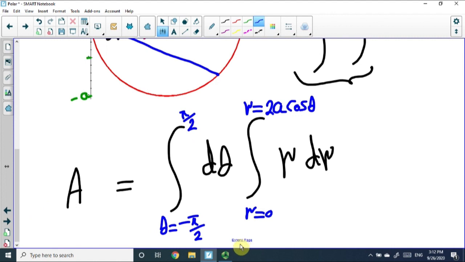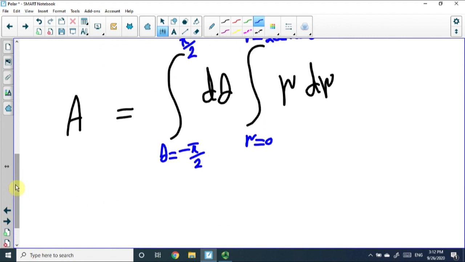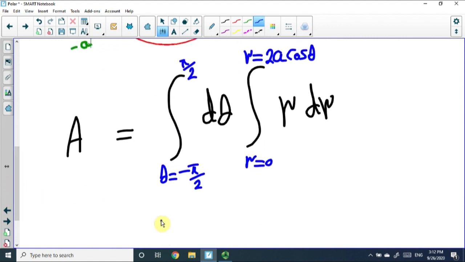These are the limits of the integration. Now we can do the calculations. The calculations are not difficult, they are easy. So let's do that. Of course, we're going to keep the integration over theta till the end. So that's from minus pi over 2 to pi over 2.